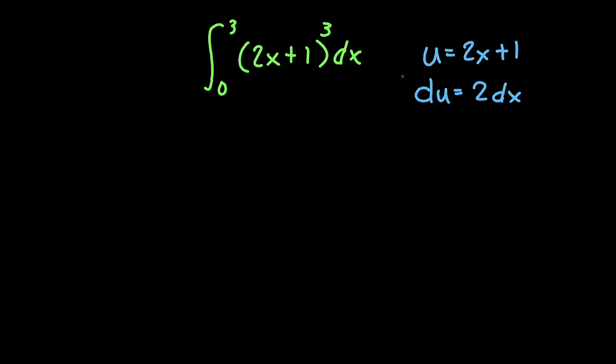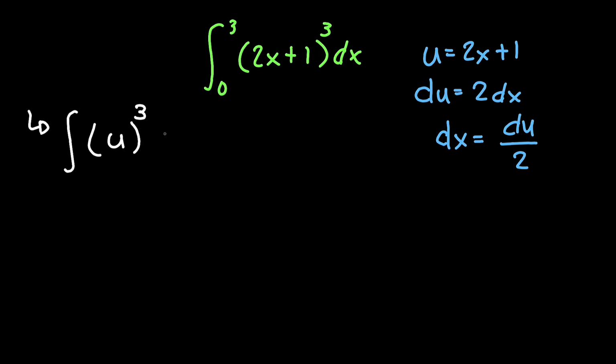And so let us take the value of dx, so put 2 to the other side, so this would be du over 2. And so this would be the integral of 2x plus 1, which is u to the power of 3, and multiply this by dx, which is equal to du over 2.